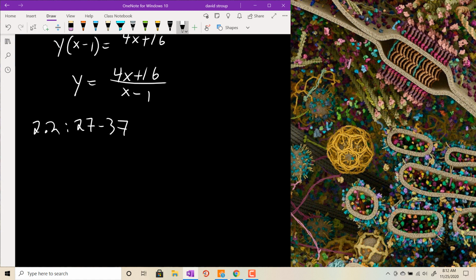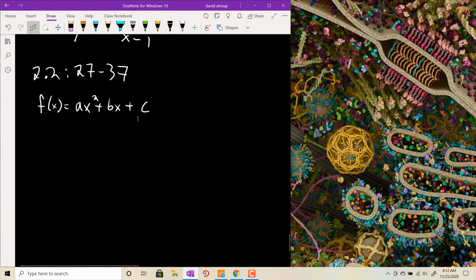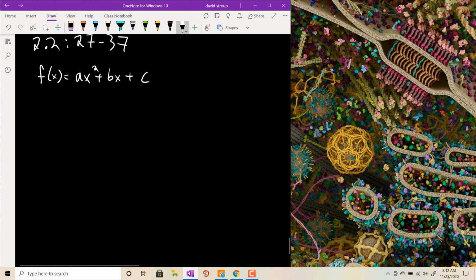So in particular, I care about the types where f of x equals ax squared plus bx plus c, and then graphing these. How would that work? First, you look at the leading coefficient. If a is greater than 0, it's concave up.